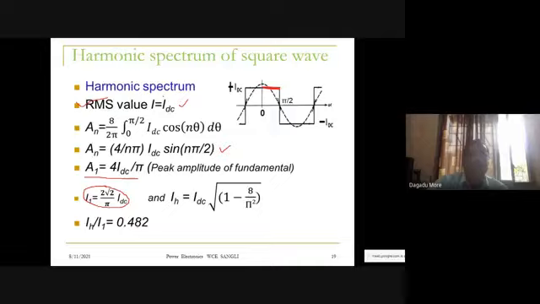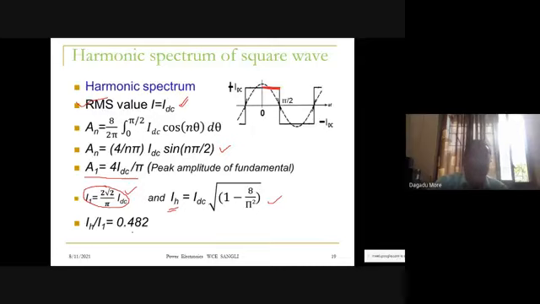Once I1 RMS is known, you find out IH. I RMS square will be I1 RMS square plus IH RMS square. From that, IH will be IDC times the square root of 1 minus 8 by pi square, just putting in the value.